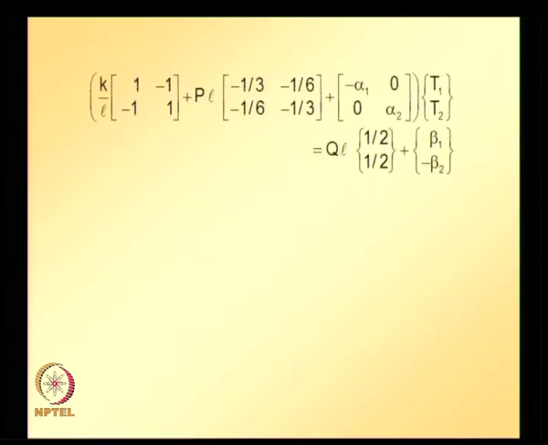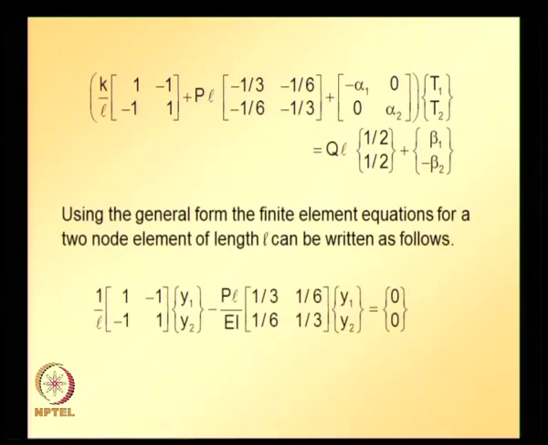This is the general one dimensional boundary value problem element equation. Now making substitution of k, p, q into this equation, which correspond to the buckling problem, we get the finite element equations for a 2 node element of length L for the buckling problem, written like this.